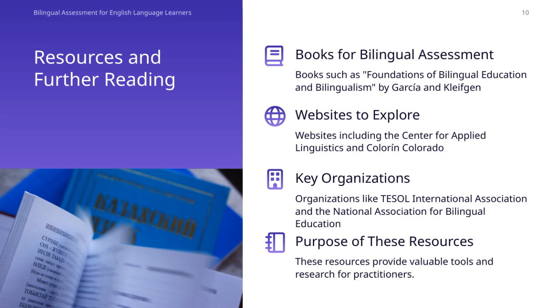They provide practical tools and detailed guidance tailored for educators. Additionally, key organizations like TESOL International Association and the National Association for Bilingual Education offer professional support and access to a broad network of experts. Overall, these resources are essential because they equip practitioners with research-backed strategies and tools to effectively support bilingual learners.